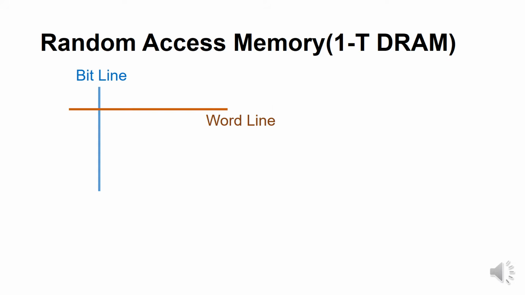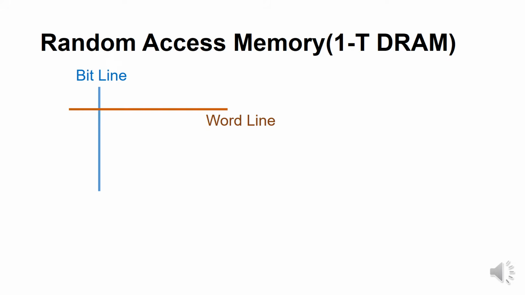Now we will see the structure of 1T DRAM. We require a word line which is the output of the row decoder. Whenever we want to read or write data, the word line must be high. Next, we require a bit line which is the output of the column decoder.